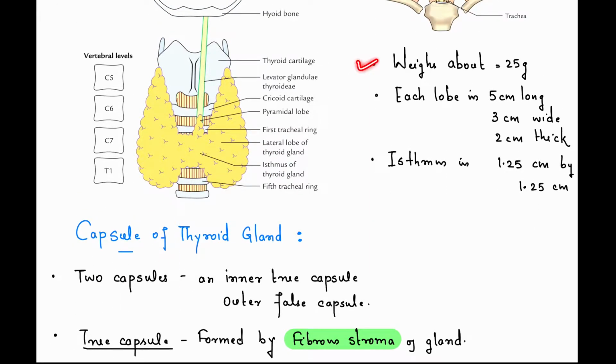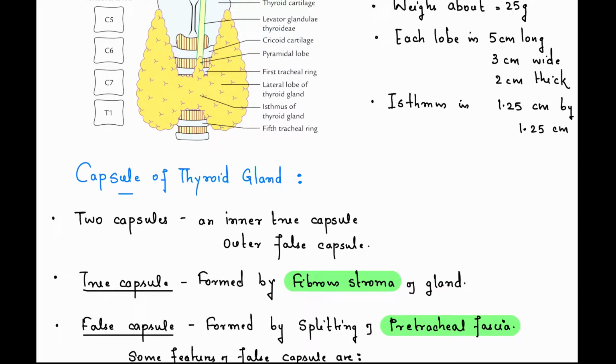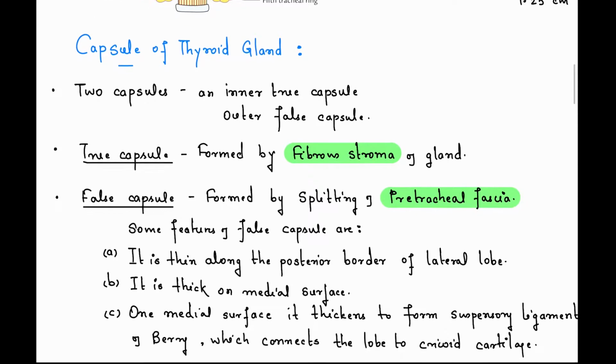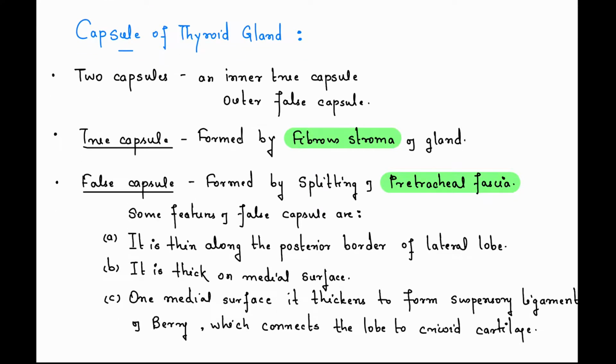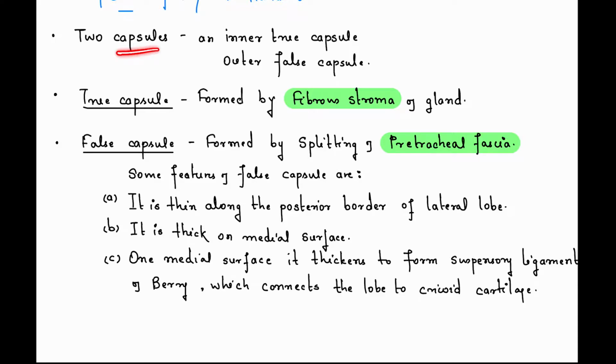Basics: weight is 25 grams. Each lobe is approximately 5 cm long, 3 cm wide, and 2 cm thick. The isthmus is 1.2 cm long and 1.25 cm wide. The thyroid gland has two capsules, an inner true capsule and an outer false capsule.